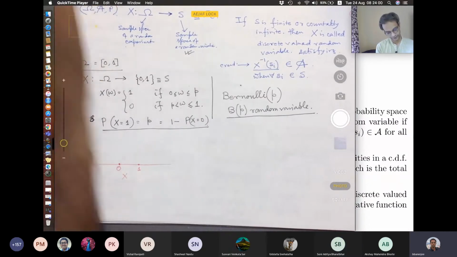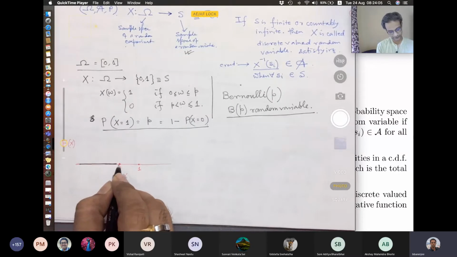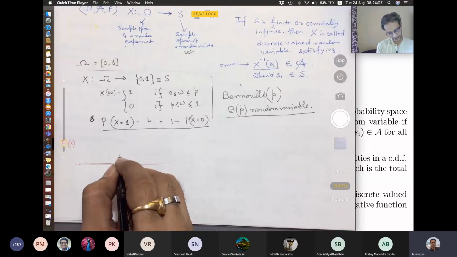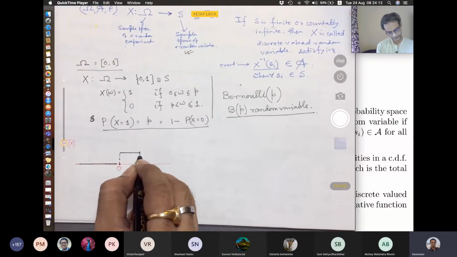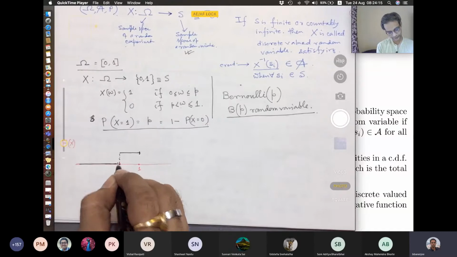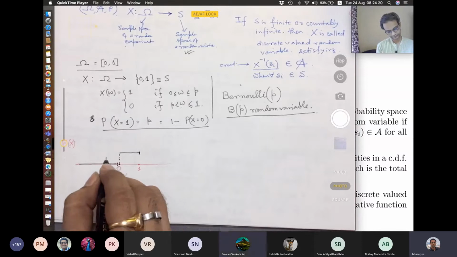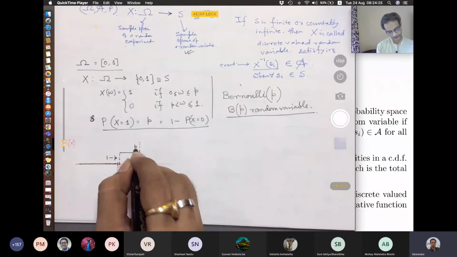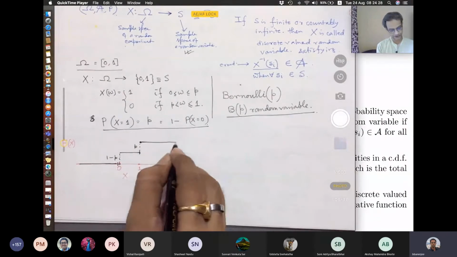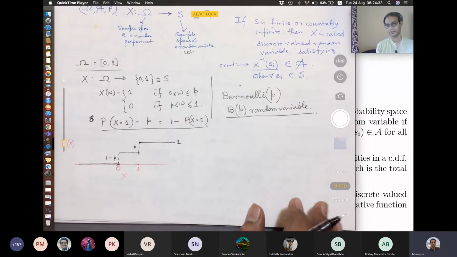So starting from minus infinity, from the definition, it will come as 0. Then how much amount of jump will be here? What will be the amount of jump here? 1 minus p. And here the amount of jump is p. So ultimately it reaches 1 and it will stay at 1. So this is the very simple thing.